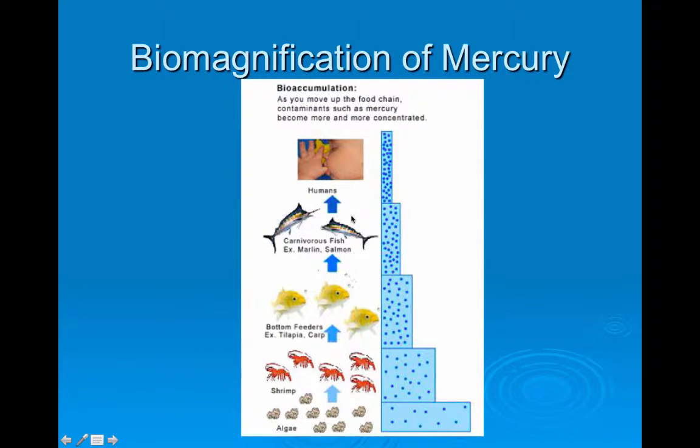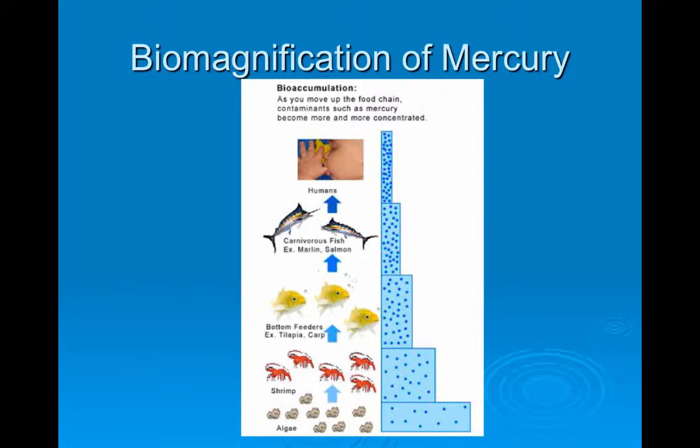Biomagnification. This is also something I need to make sure that you understand. Some things like mercury are stored in the fatty tissues of organisms, and because they can't be flushed out, it means that if you have 8 little bits of algae that have next to no mercury in them, and fish come and they eat 2 of each, so now you have 4 fish that have 2 bits of mercury in each one, and then larger fish come and eat 2 of the smaller fish, and each one of the larger fish has 4 bits of mercury in it.